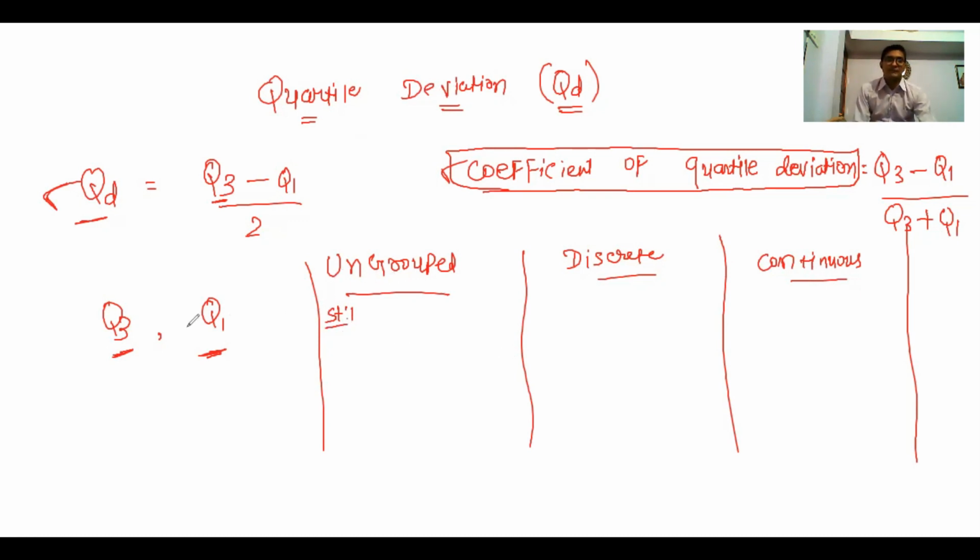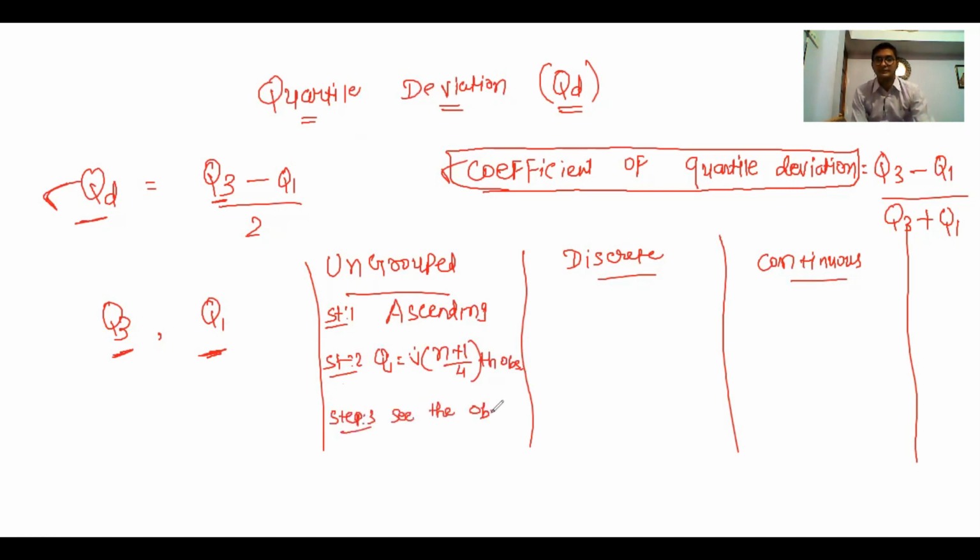In ungrouped data for Q3 and Q1, step number 1, arrange in ascending order the data or observations which they have provided. Step number 2, Qj is equal to j times n plus 1 divided by 4th observation. And step number 3, see the observation. That's it. It is called ungrouped data.